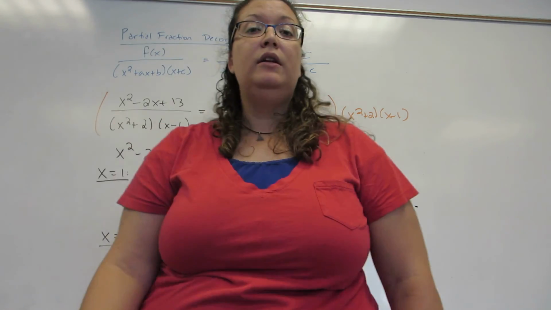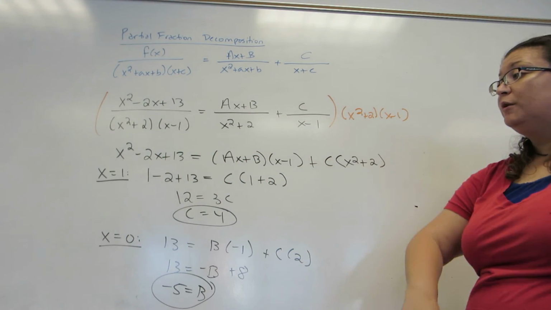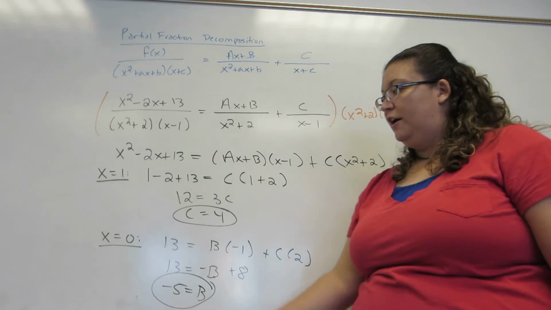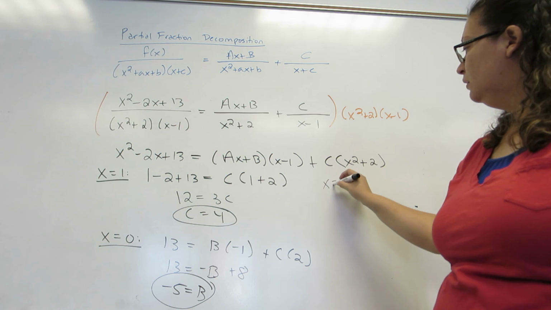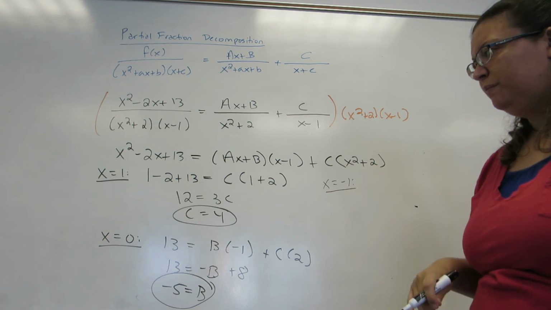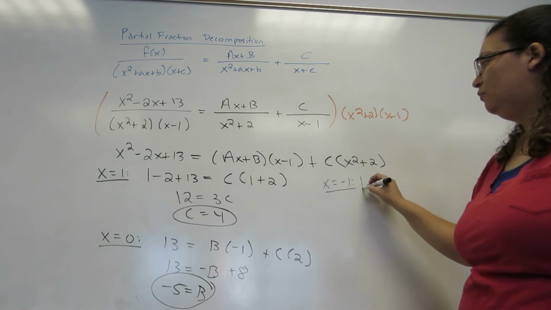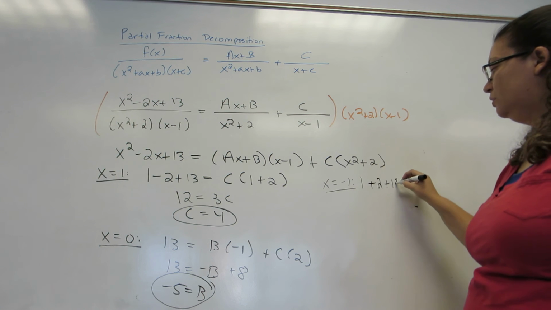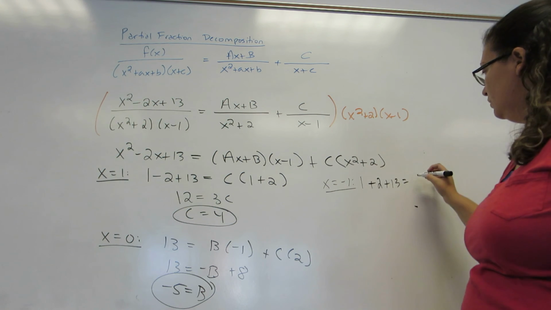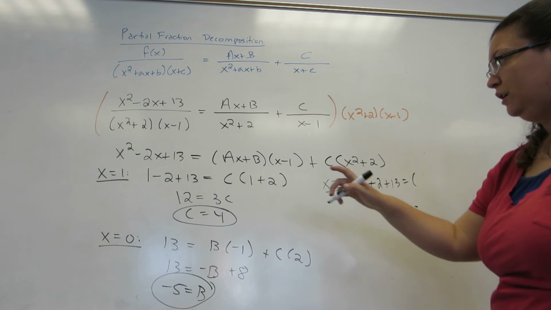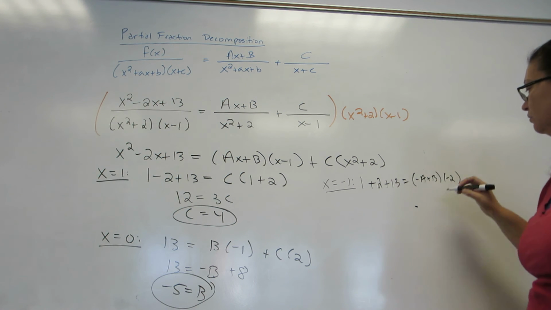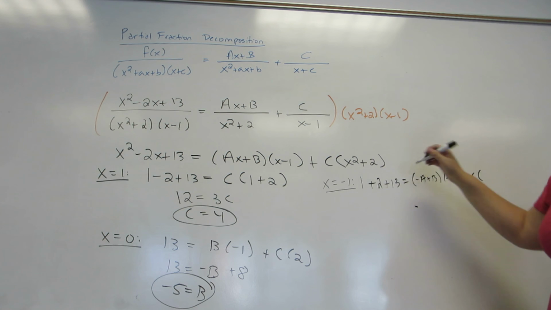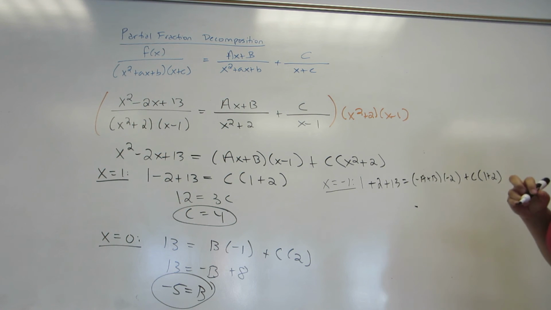Well, I still need to know what A is. So I need to pick another number to plug in. I plugged in 0 and 1. The next easiest number to plug in is negative 1. Okay, I plug it in, I get 1 plus 2 plus 13 equals, and you have to be a little bit careful here, minus A plus B times negative 2, and C times 1 plus 2.